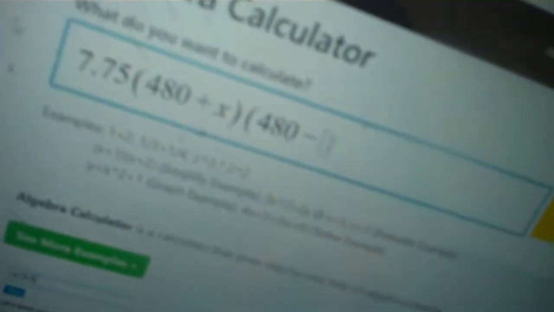Okay, now plug in the other side. The other side's what you mainly want your math pop-up for, okay? Because we can't be making any little mistakes using a calculator. It ensures that doesn't happen. Remember, plus is shift here. And then 480 minus x. Negative 7.75x squared plus 1,785,600.